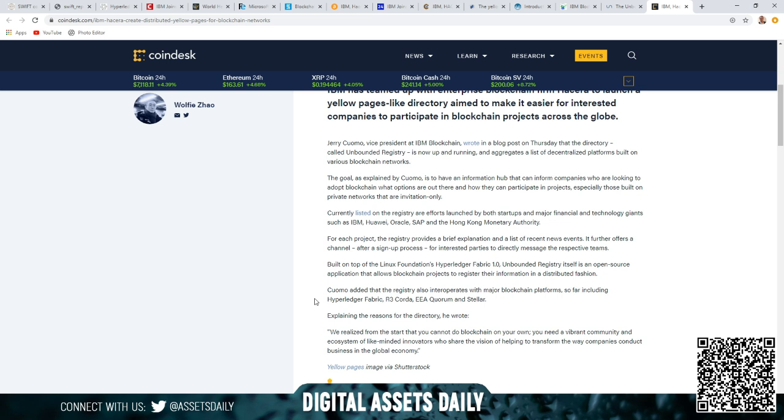Cuomo added that the registry also interoperates with major blockchain platforms so far, including Hyperledger Fabric, R3 Corda, EEA Quorum, and Stellar. What do we have? XRP, Ethereum, and Stellar. I mean, guys, it can't be much more obvious.